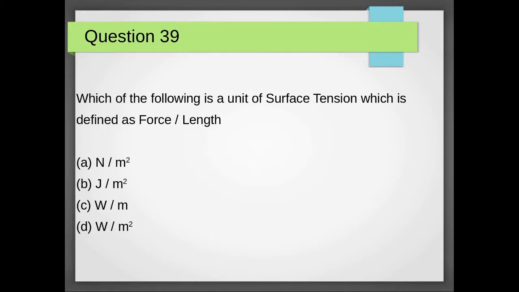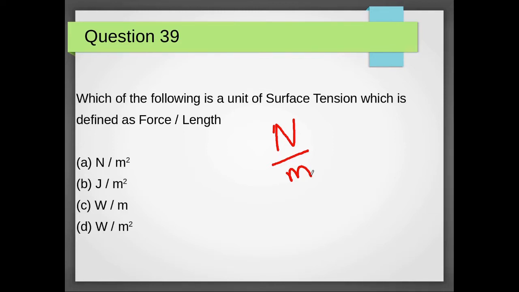Question 39. Which of the following is a unit of surface tension which is defined as force over length? So if you quickly take the unit of force, it is newtons. Force over length is newtons divided by length, which is meters. But you can see that this particular answer is not listed as an option.